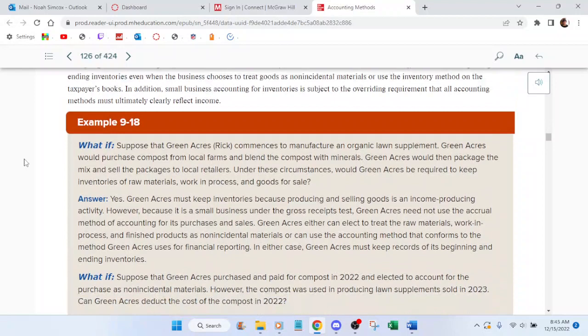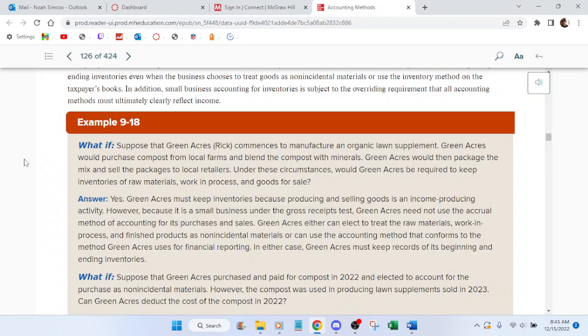Suppose that they purchased and paid for compost in 2022 and elected to account for the purchase as non-incidental materials. However, the compost was used in producing lawn supplements sold in 2023. Can you deduct the cost of the compost in 2022?